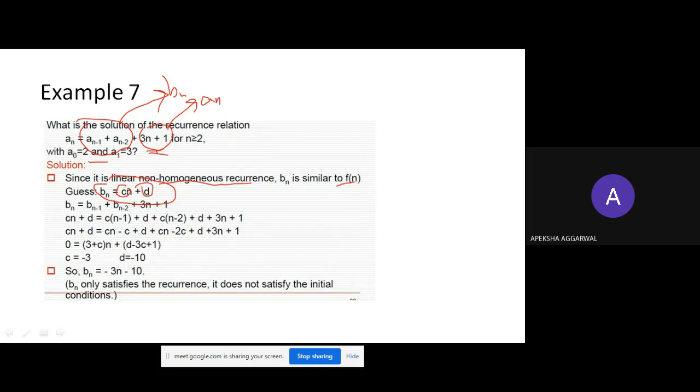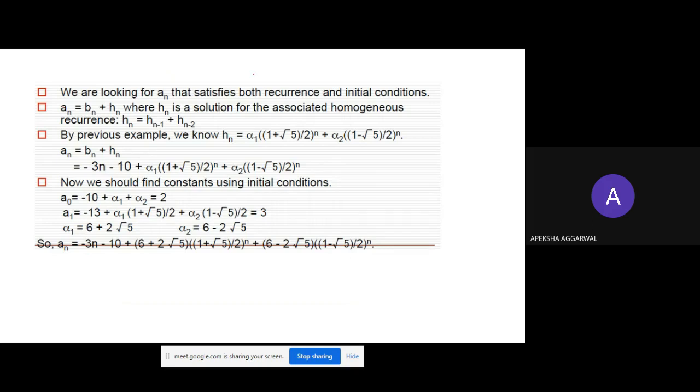Then you have calculated Bn equals minus 3n minus 10. You have found the values of C and D, and you have solved for the second part, which is your non-homogeneous part, your function Fn, right? Now what will you do for the initial part? The procedure is the same. You will find out the characteristic equation.